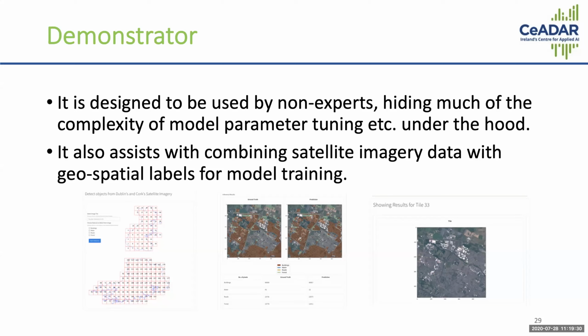It could be things like the location of particular types of buildings or particular types of infrastructure. And by combining that labeled data with the satellite imagery, this tool can assist, and the pipeline can assist with generating those training data sets, which is in a lot of machine learning applications and in Earth observation as well, one of the major bottlenecks is just having this training data available.